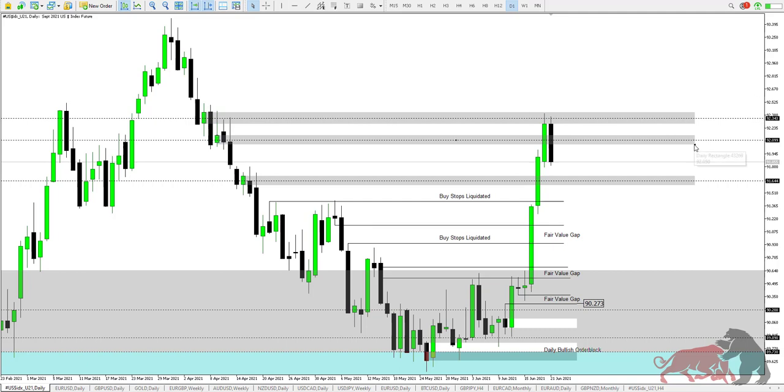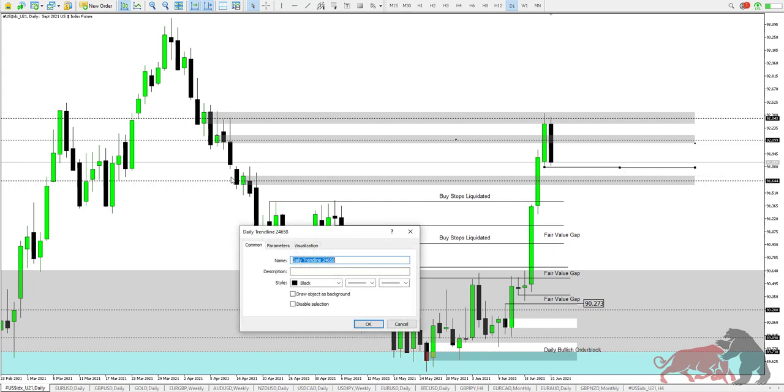Now, they've already breached this daily old bearish order block to the downside, meaning they're literally targeting the liquidity inside this fair value gap here, right? We've got a fair value gap inside here. Let me just mark out that price action quickly.